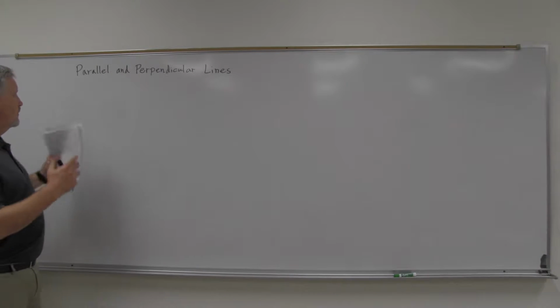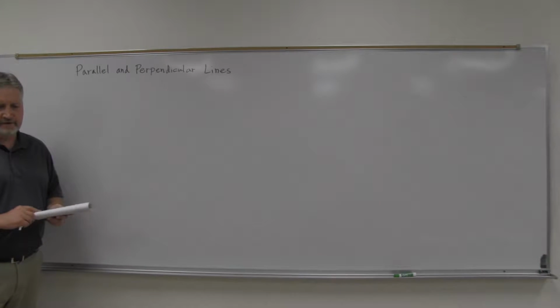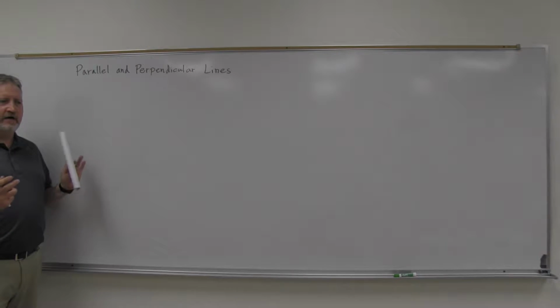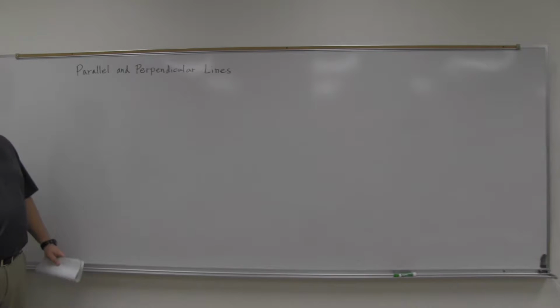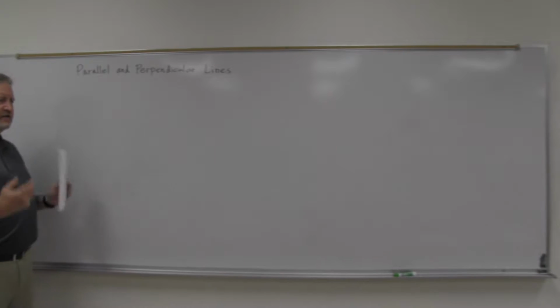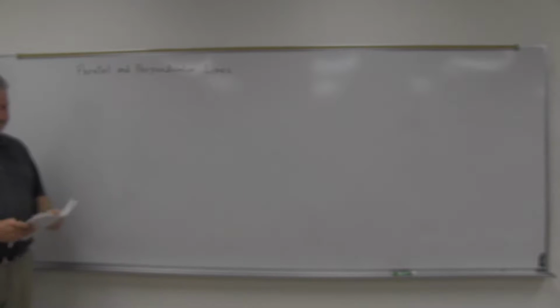Okay, so I want to talk about parallel and perpendicular lines. We graph some lines, and sometimes it's important to know, compared to another line, is it parallel or perpendicular?